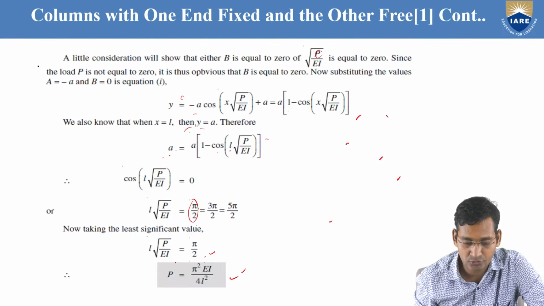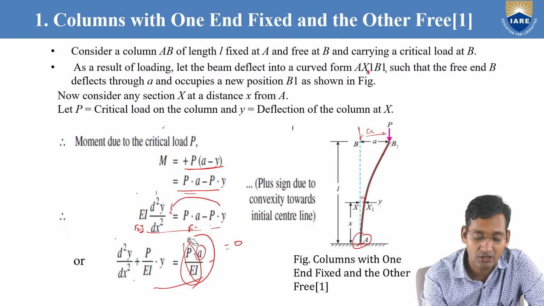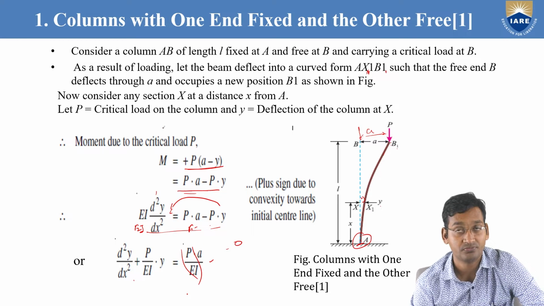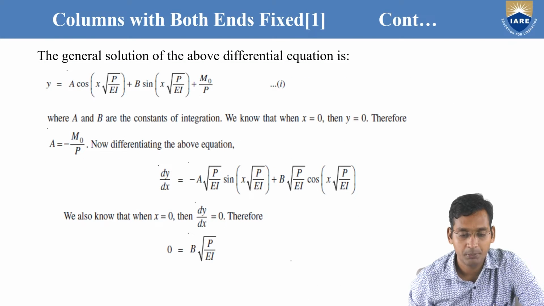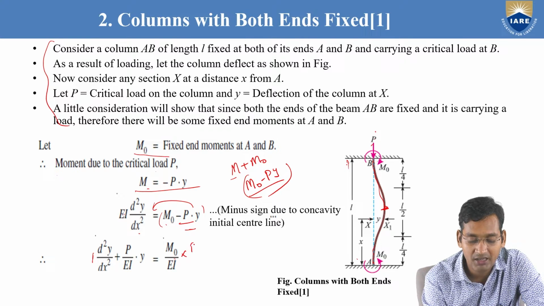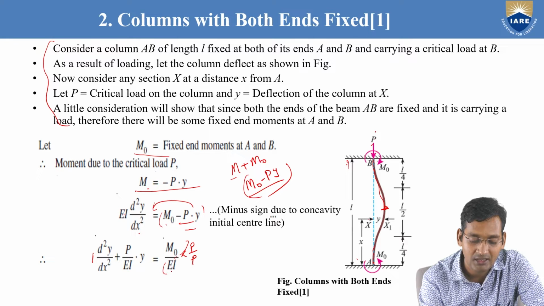In the earlier video I also told you how to find this. Whatever is there after A, P by EI you have to remove, and other than P by EI, that you have to write. But here P by EI is not there on the right side. So first we multiply and divide, and now this P by EI we can remove.